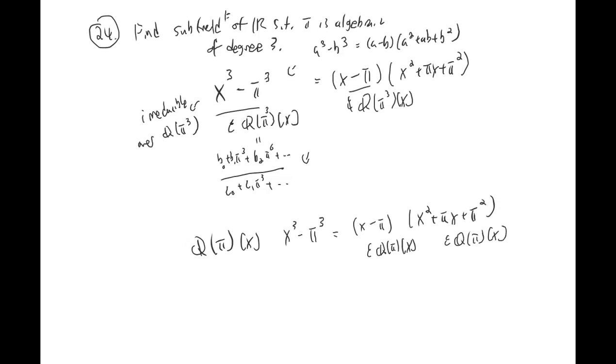So both are elements in here. You could show this thing's irreducible, so this would actually be degree 2. In fact, it's degree 1 because pi is a root. So this is not what you want. You want Q adjoin pi cubed.